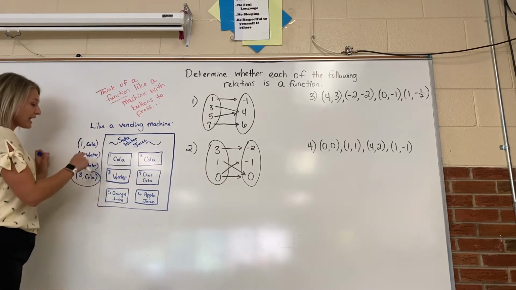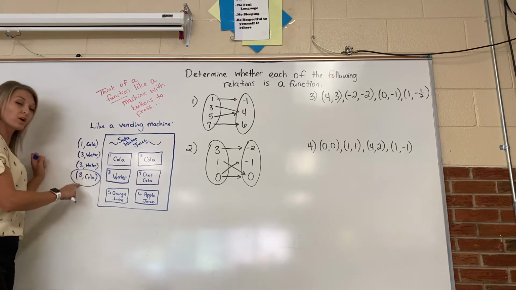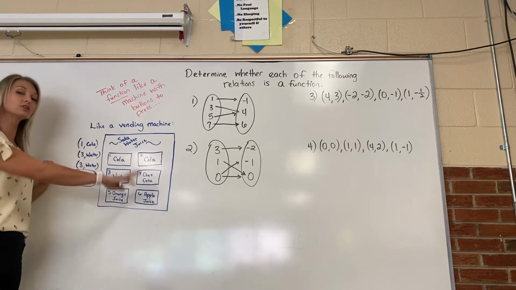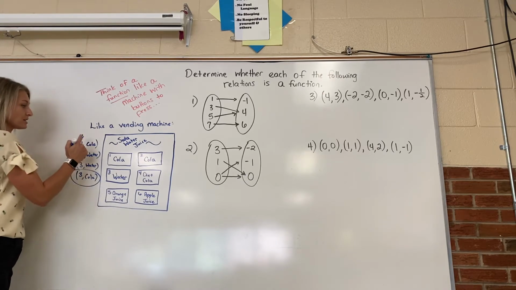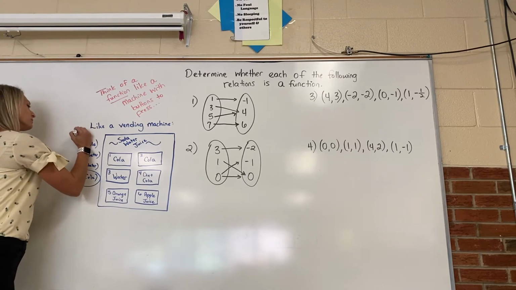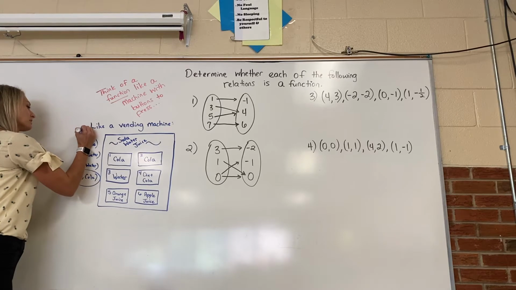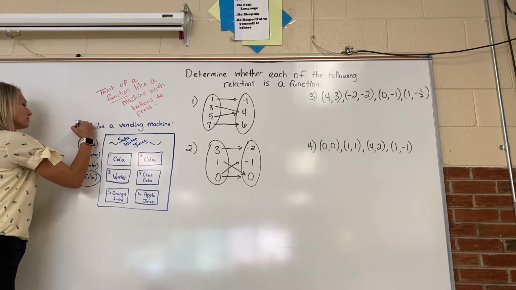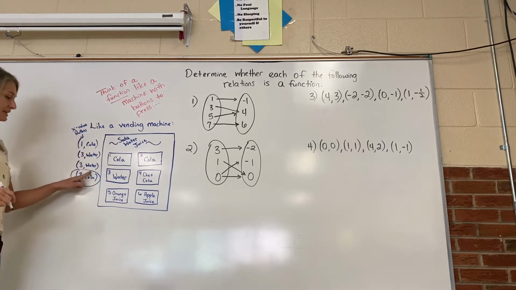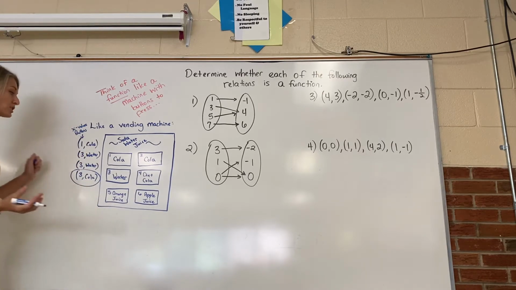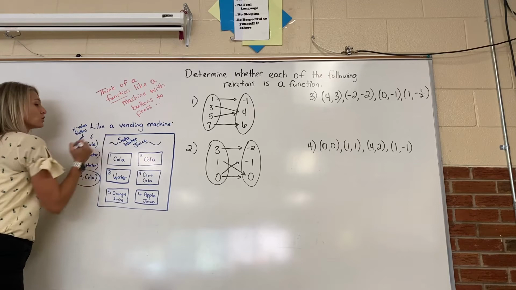So your X values are what you're putting into the machine, the signal that you're telling the machine. So the buttons in this case are my X values. So the buttons that I'm pressing are my X values. And then what you're expecting to get out of it, in this case the different types of drinks I could get, those are your Y values.